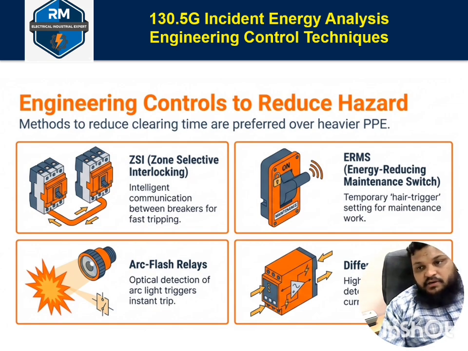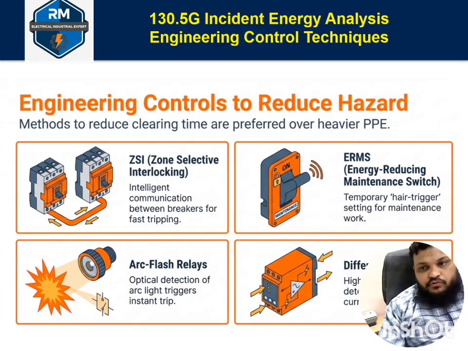The second method is the ERMS, the energy reducing maintenance switch. It provides protection on the equipment during its operation, and when we are going to do any maintenance on the system, we select the switch to maintenance mode.